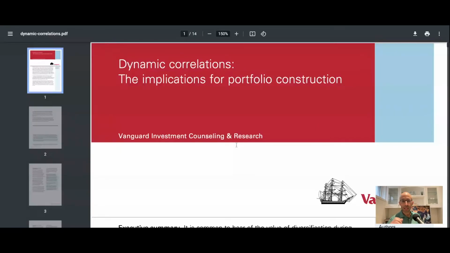But essentially, a paper published by Vanguard in 2012 that I'm going to share here. It is called Dynamic Correlations and the Implications for Portfolio Construction. So, what is correlation? Well, when two different asset classes are positively correlated with each other, they will tend to move in the same direction.